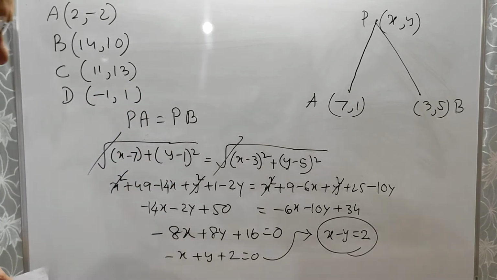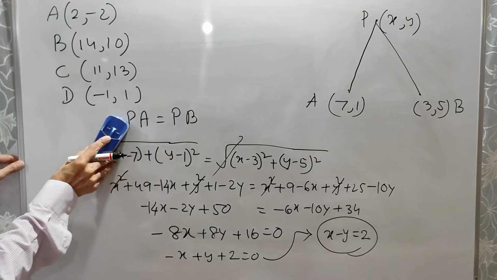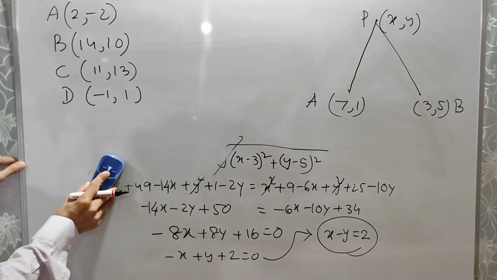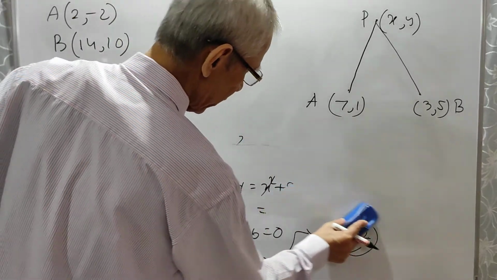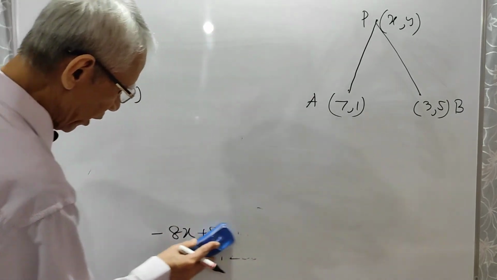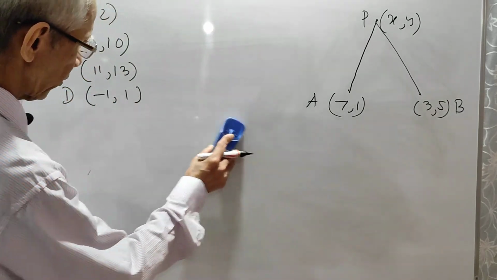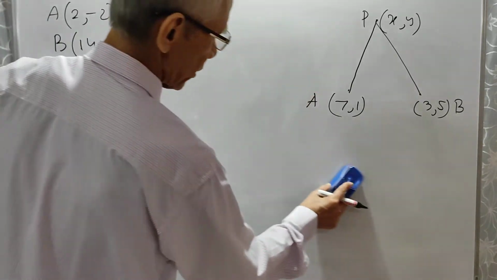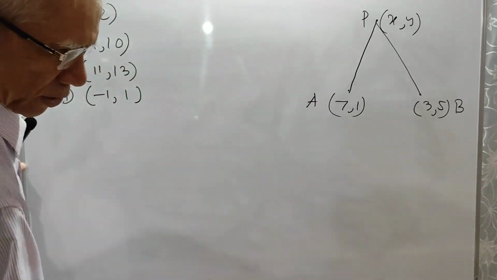So these 4 points are given on the Cartesian plane. Now you have to check whether they are vertices of a rectangle.